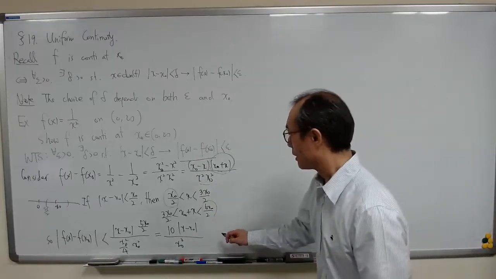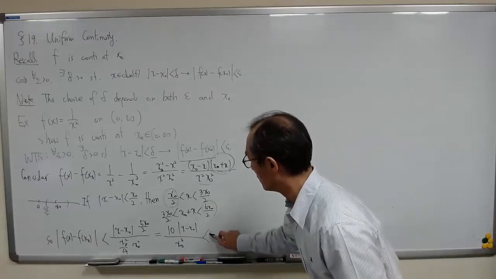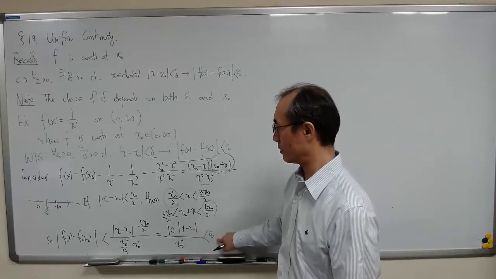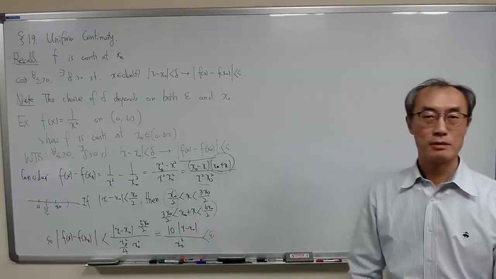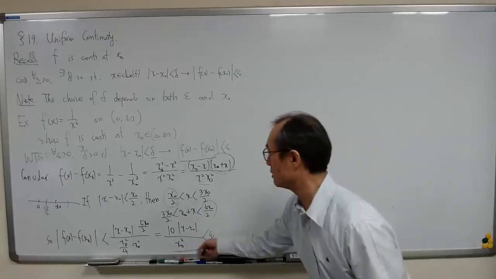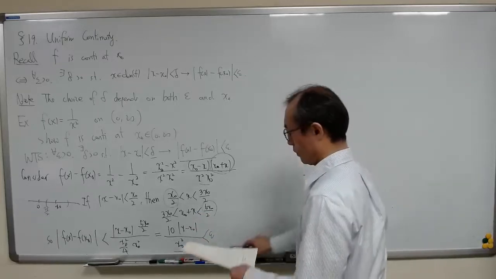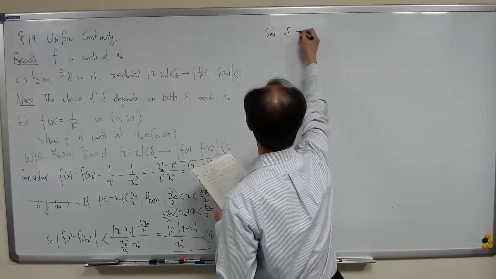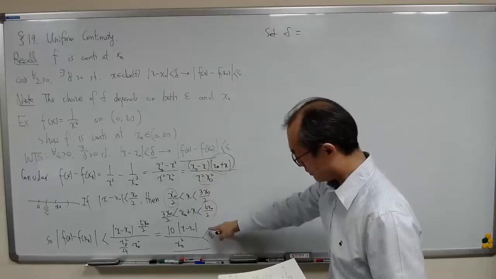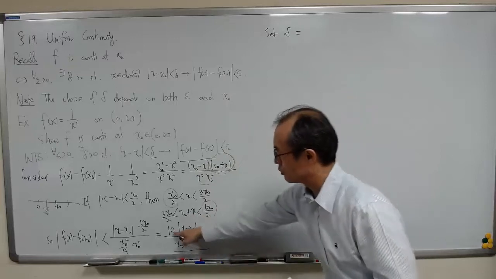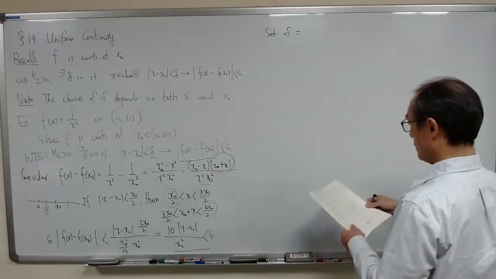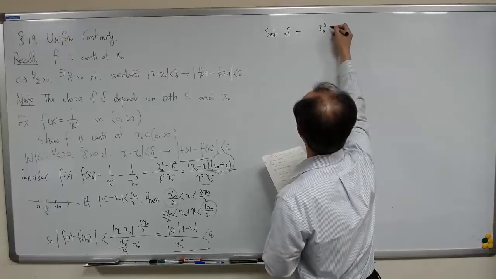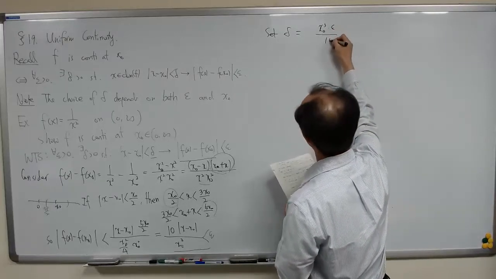So if we have the estimation like this, and this quantity is smaller than epsilon, then we are done. To get this kind of inequality, we need to choose delta. What's the corresponding delta? We're going to move these terms to the other side to get x naught cubed times epsilon over 10.